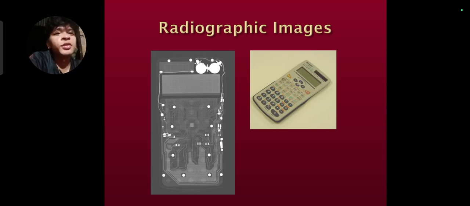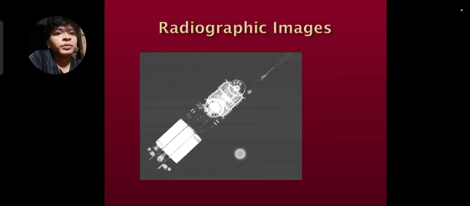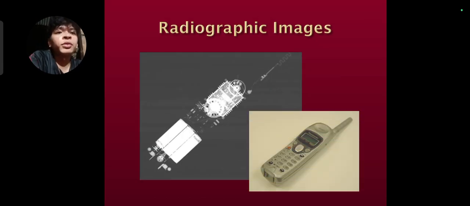Radiographic images: sample one is the scientific calculator. In the picture on the left side is what it actually looks like as a visual image. For the telephone, this is its visual image.